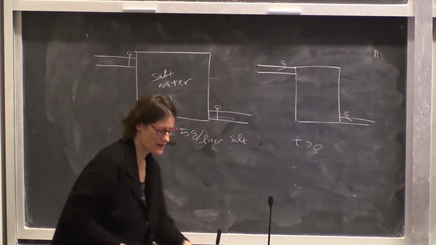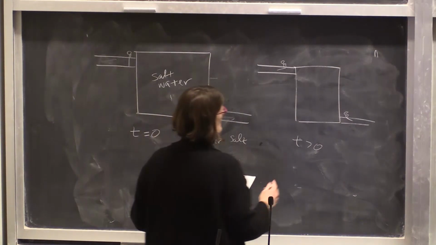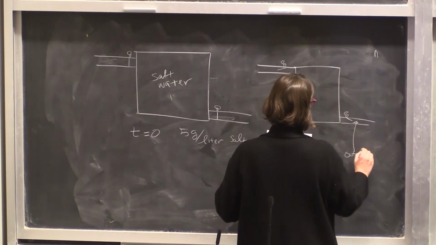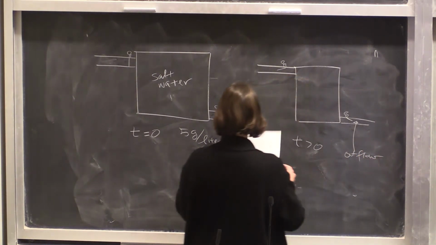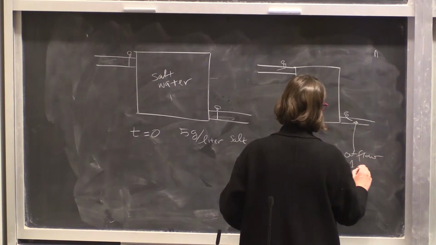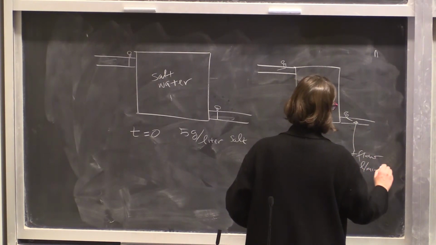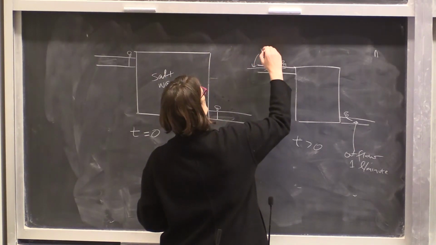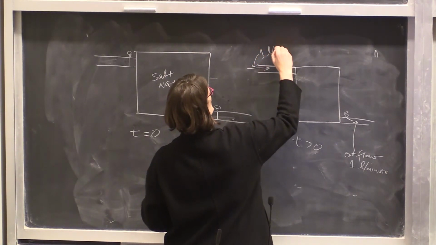And we now have a flow in and out of the tank. So we're going to imagine that this flow, the outflow, is at 1 liter per minute. And the inflow is at 1 liter per minute.